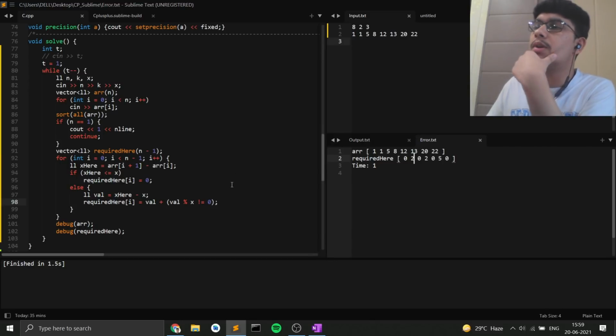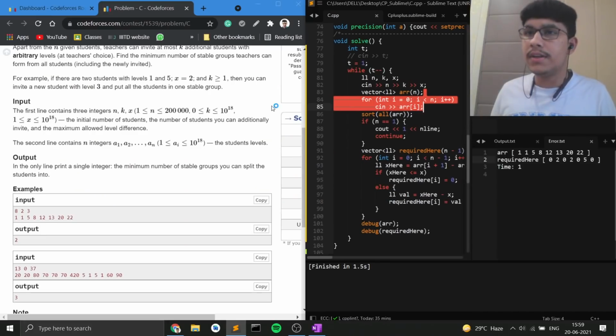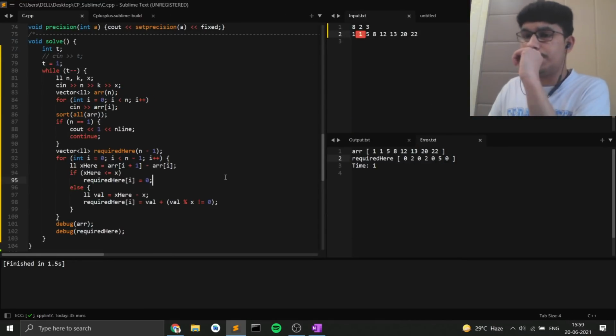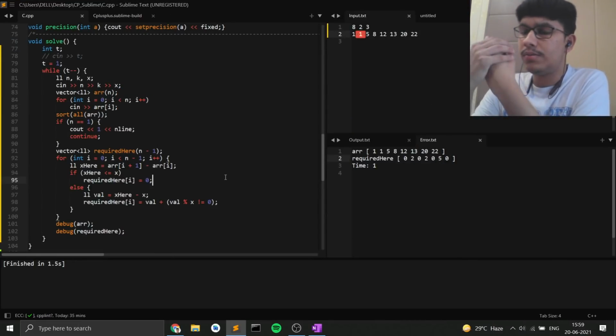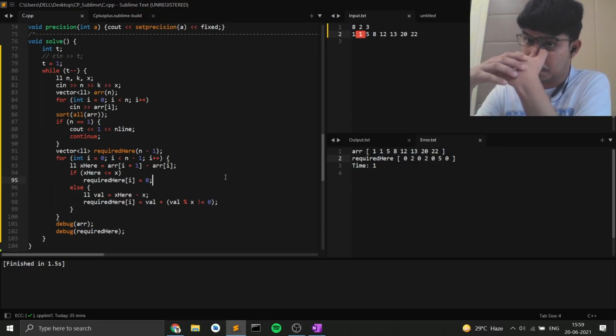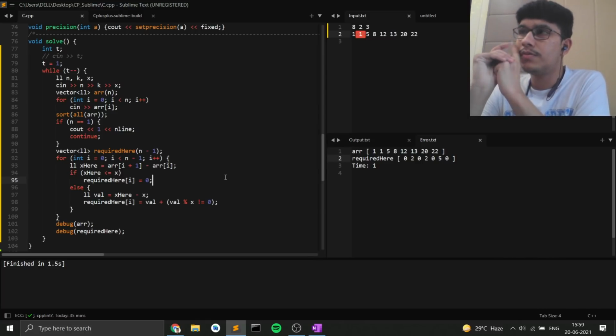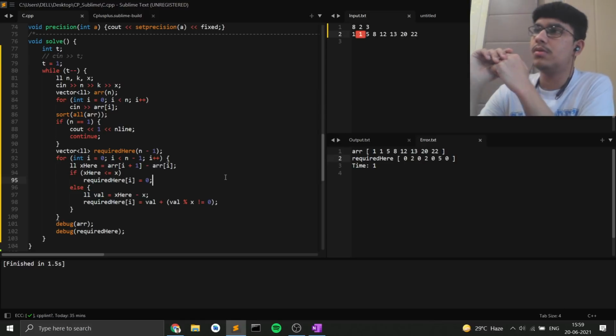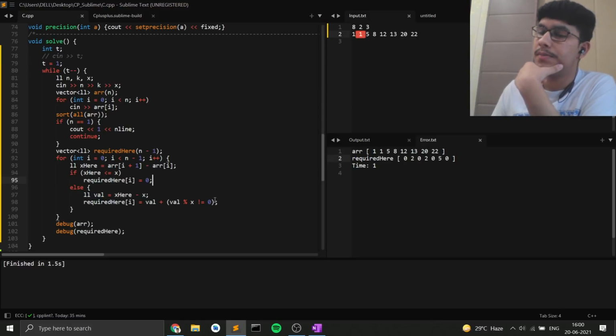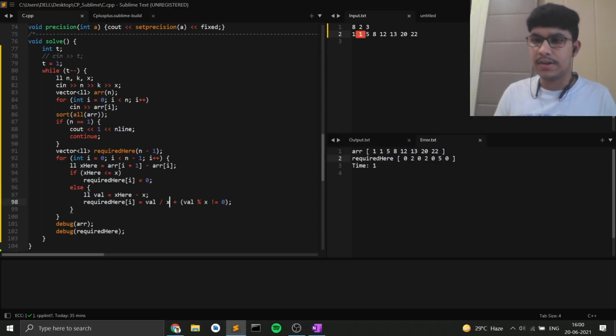But why would you require 2 elements? Like n, k and x, right? So required at i equals val. So x here equals 4 minus 2, 4 minus 3 in fact. Okay, this was divided by x.